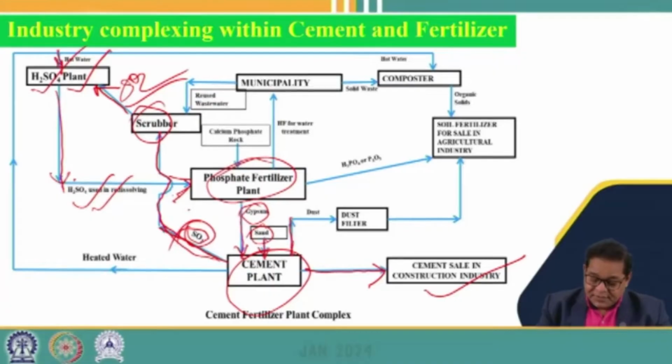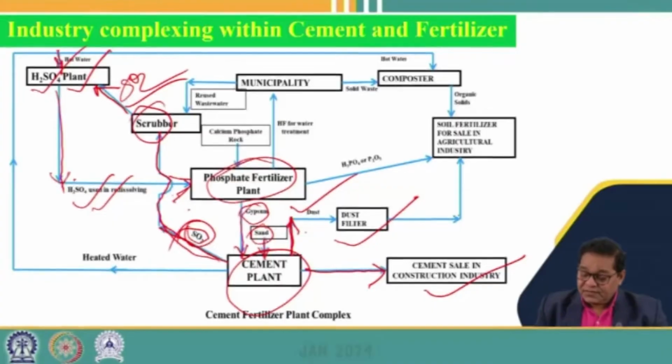Similarly, the other waste generated from this cement plant is the dust. After removal by filters, this dust can be used as a soil fertilizer for safe agricultural use. So this waste is again used in the industries for the soil remediation process.